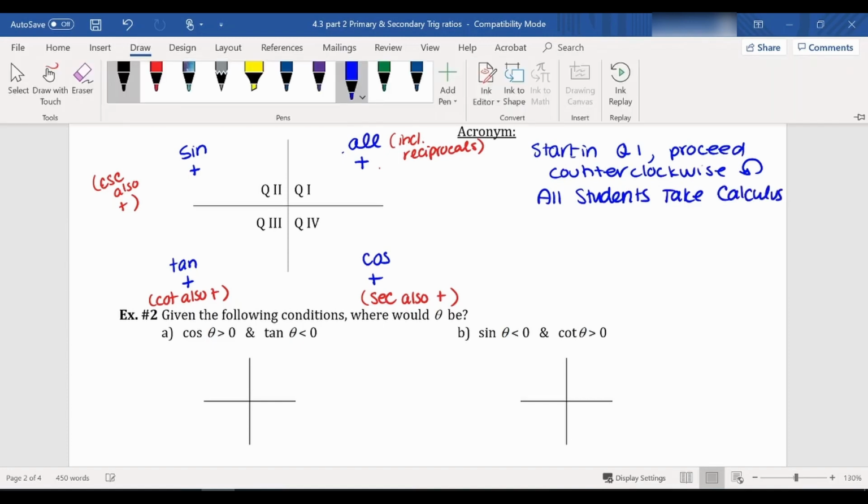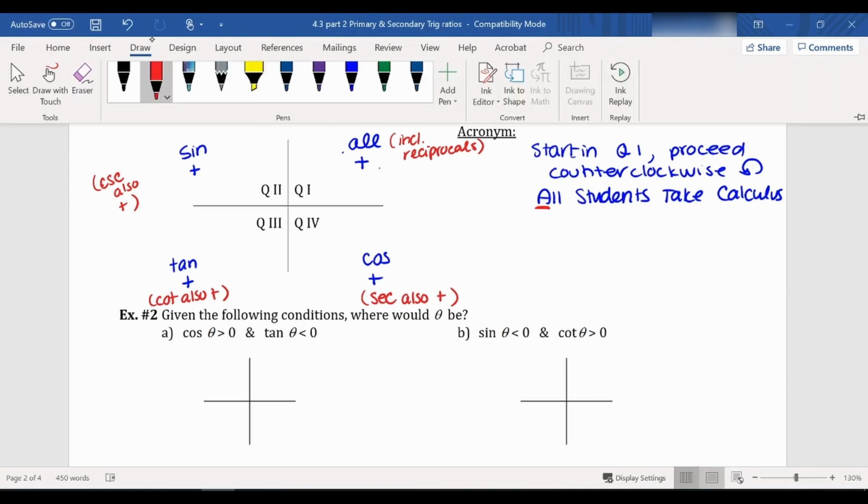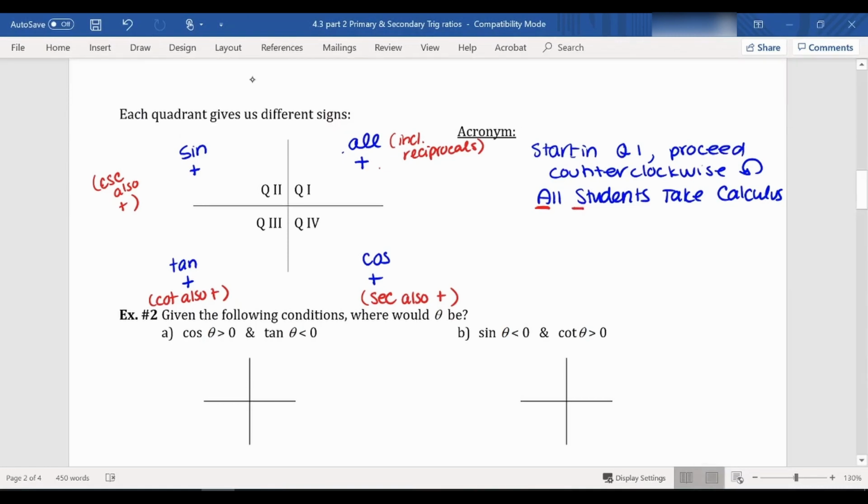So the A is quadrant 1, meaning all of our ratios. The S is for sine in quadrant 2. The T is for tangent in quadrant 3. And the C is for cosine in quadrant 4.